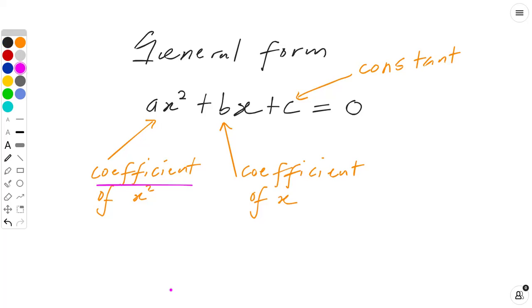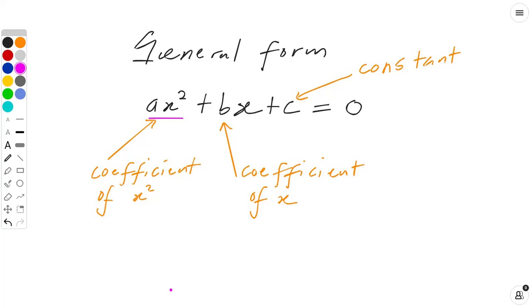We call that a coefficient. And here we can see that a is being multiplied by x squared. A represents a number, and x squared is the variable. So a is the coefficient of x squared.